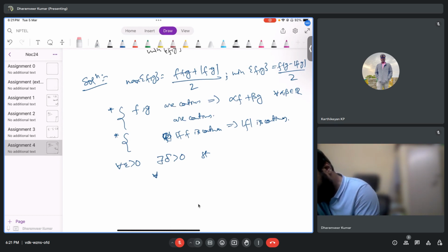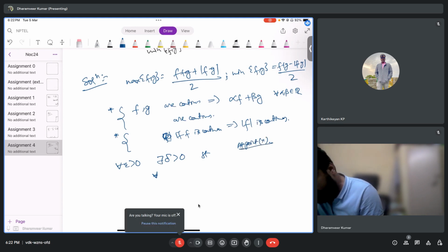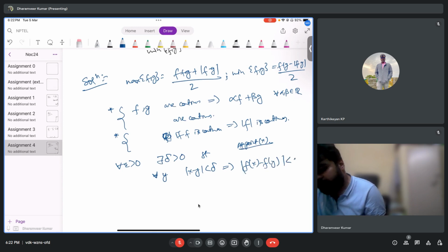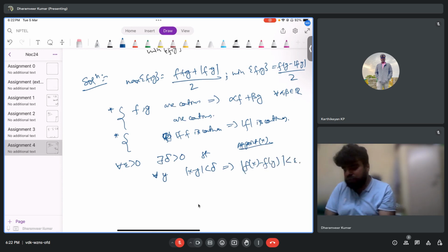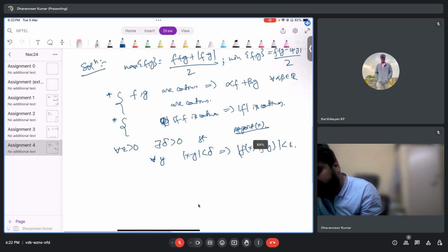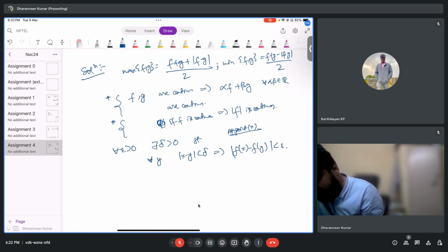So at a point x, if you want to say in real numbers, for all y such that x minus y is in delta, implies... so if f is continuous, you want to see what happens with f plus g, let's say. So you do this.